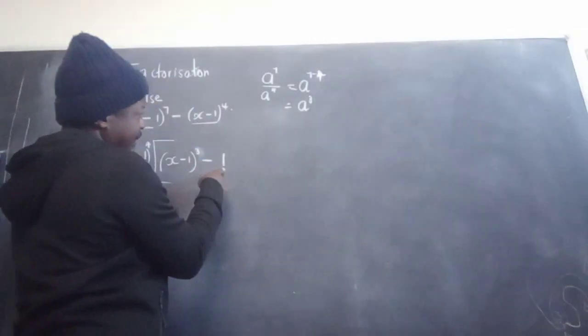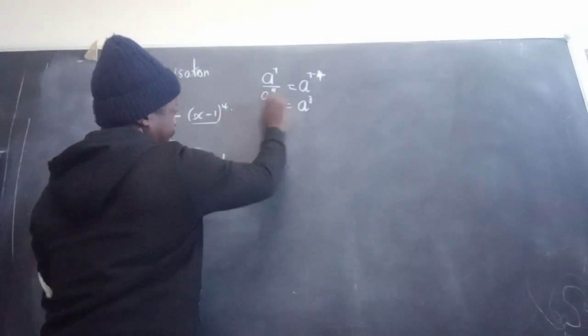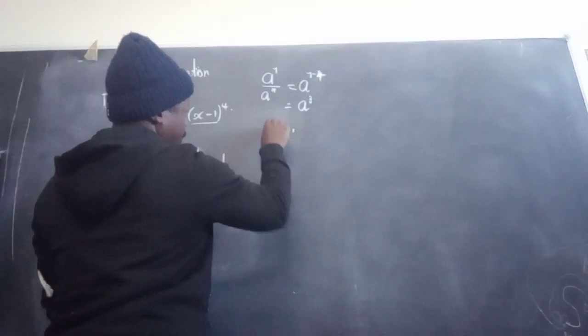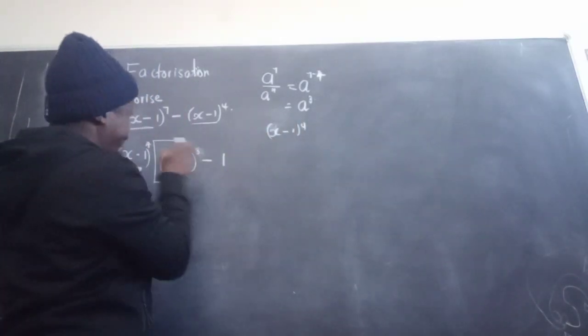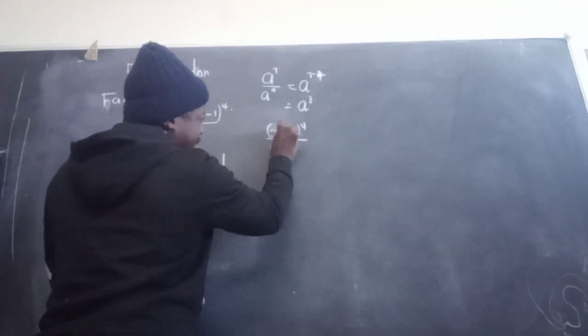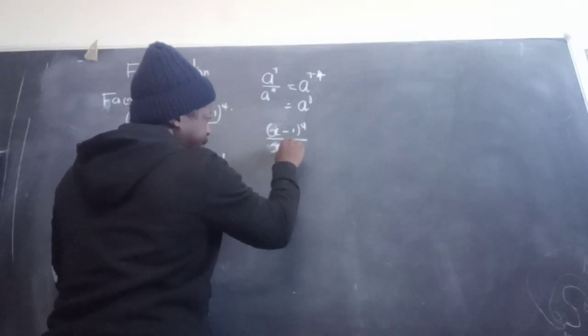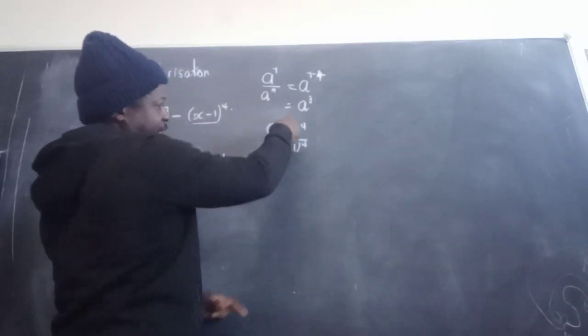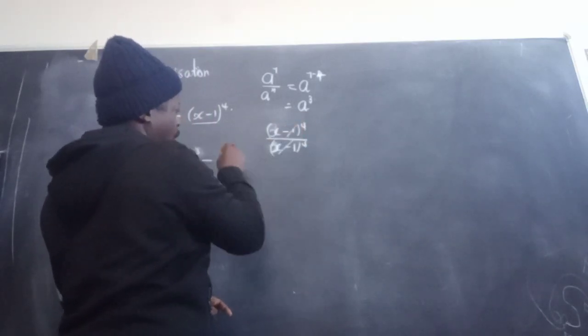This 1 is coming from this expression here, (x minus 1) to the power of 4. As I'm factoring out from it, it's like I'm dividing by x minus 1 to the power of 4 again.